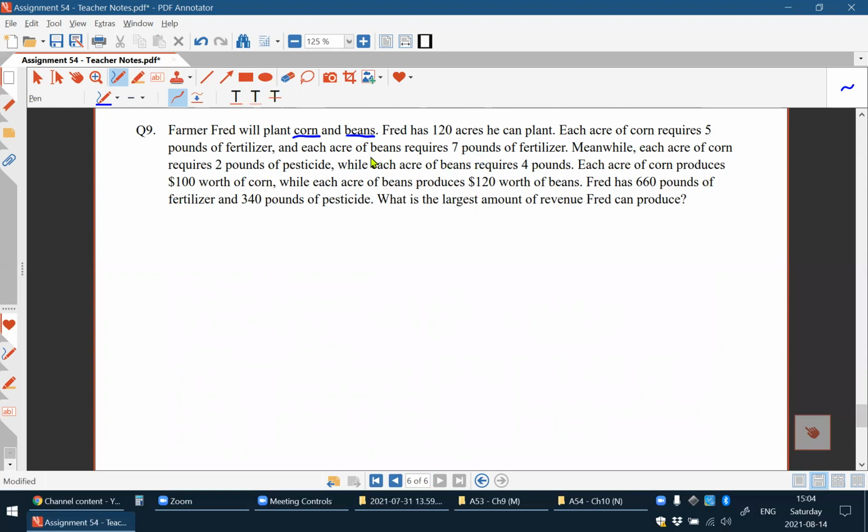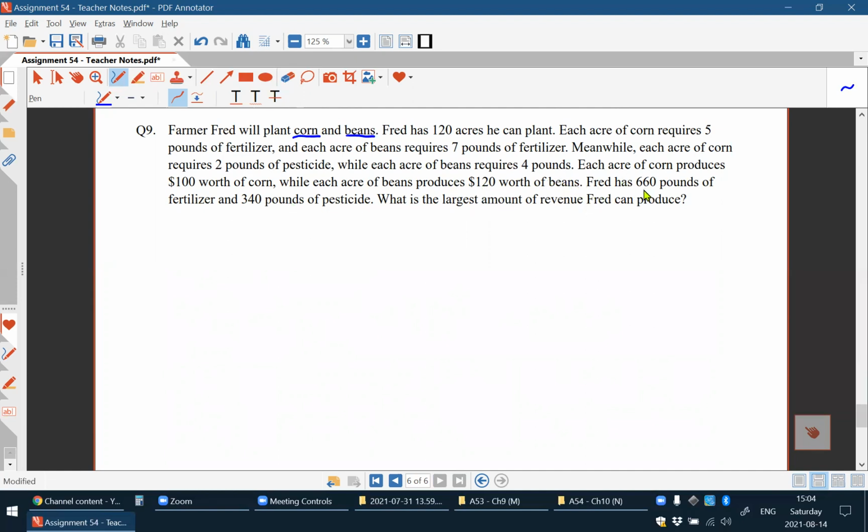Meanwhile, each acre of corn requires 2 pounds of pesticide, while each acre of beans requires 4 pounds. Each acre of corn produces 100 worth of corn, while each acre of beans produces 120 worth of beans.